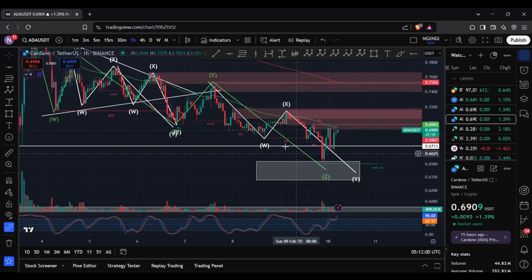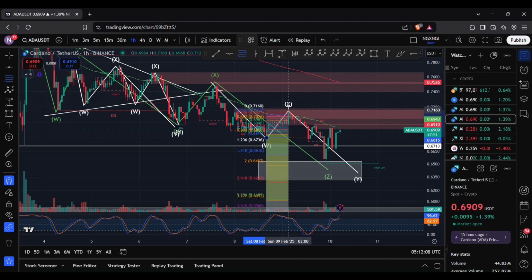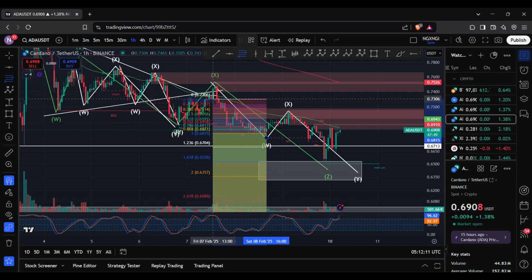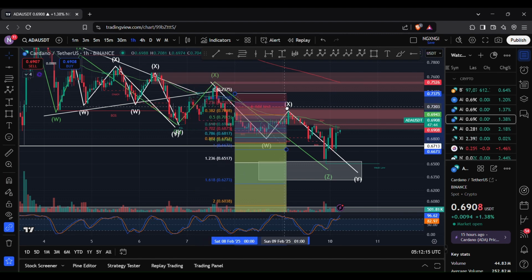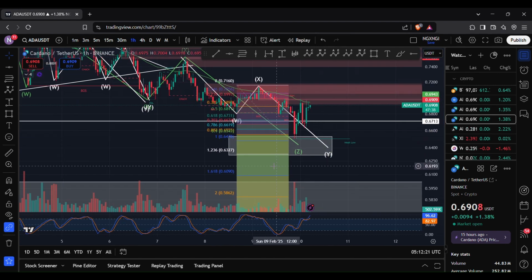The Y wave, once again, is typically 1 to 1.236 of our wave W. Using the Fibonacci retracement, and moving this to the right place, our wave Y target is sitting at 63 cents to 65 cents.